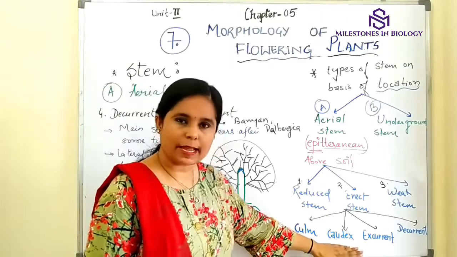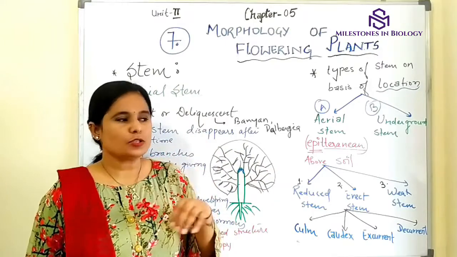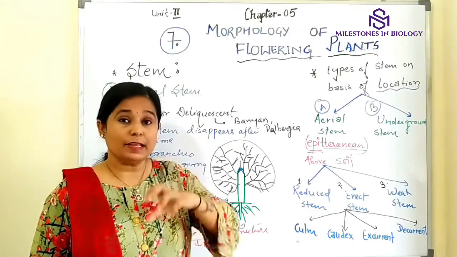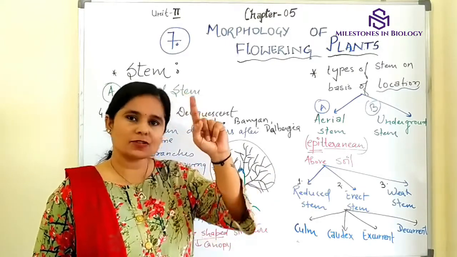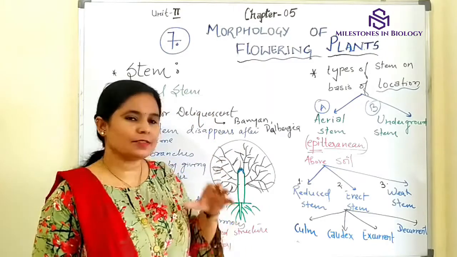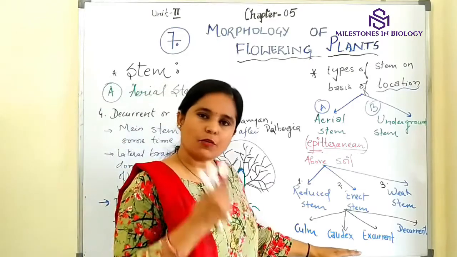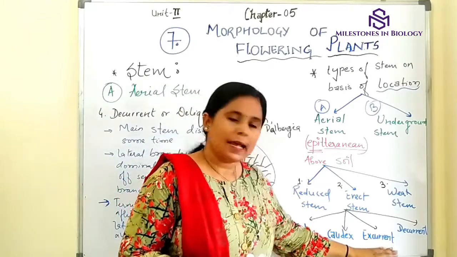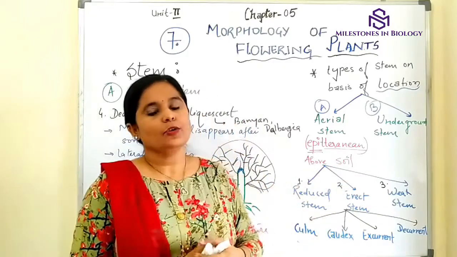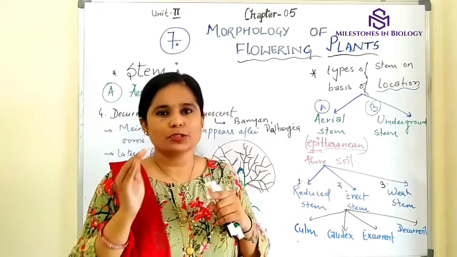In the caudex type of erect stem, the main stem will be unbranched, without any leaves, but at the apex of the main stem you will find the crown or bunch of leaves, which gives a crown appearance to this stem, as in coconut and palm. Excurrent: the main tree looks cone-shaped, like a Christmas tree.